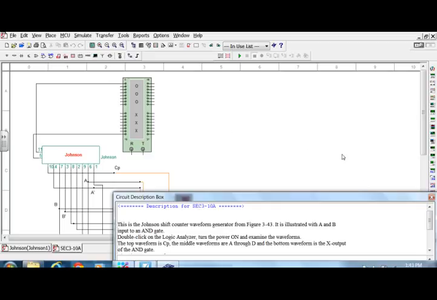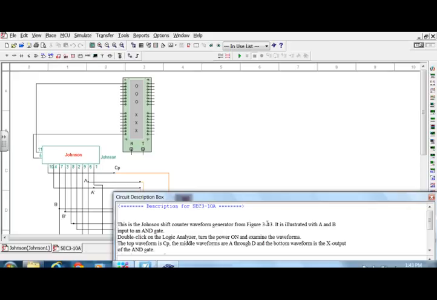Now, last time we forgot to read the note, so we'll read the note this time. This is a Johnson shift register, and it generates from figure 343. Okay, so where the heck's 343? Figure 343. I got it.